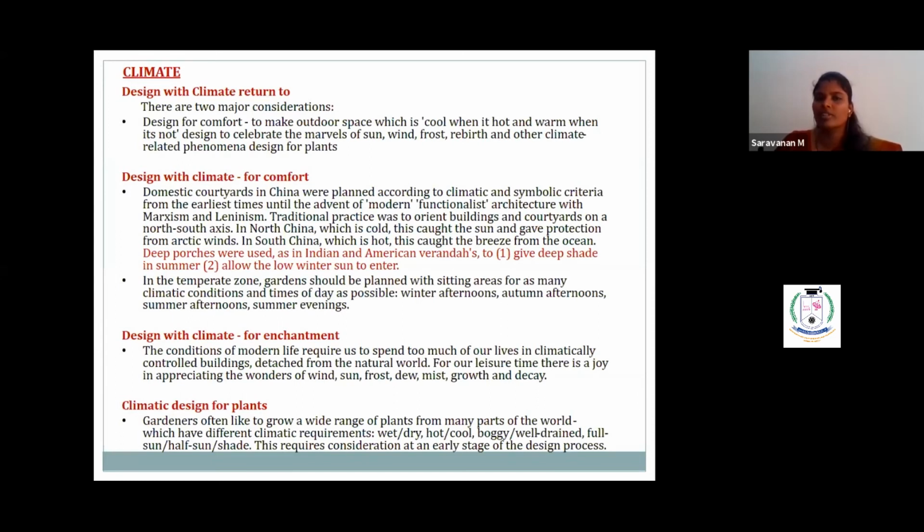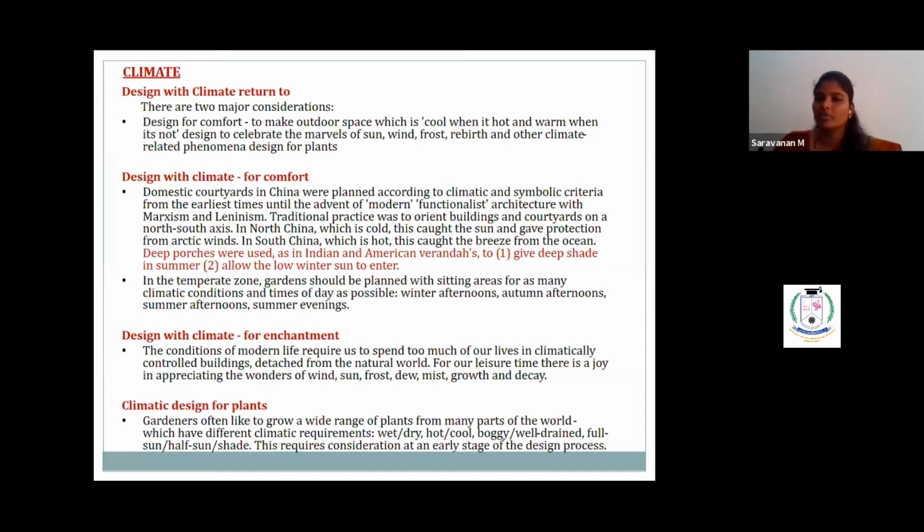One is comfort, to make the outdoor space cool when it is hot and warm when it is not, and you should design accordingly, relating it to the sun, wind, and other climatic factors. So first is design with climate for comfort. As I told you before, according to the climatic conditions, we should design our building. So ours is a hot and humid climate.